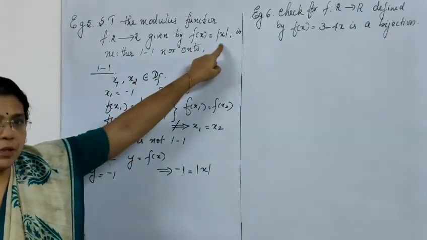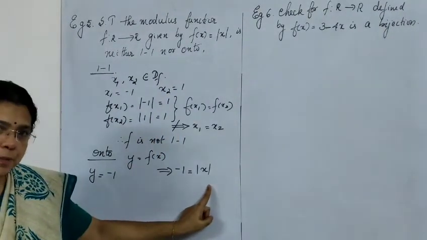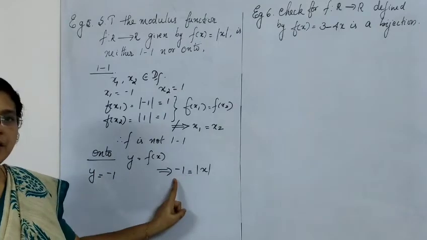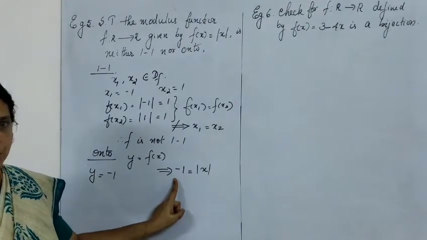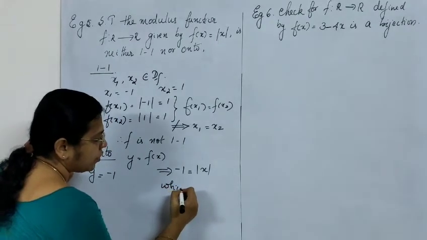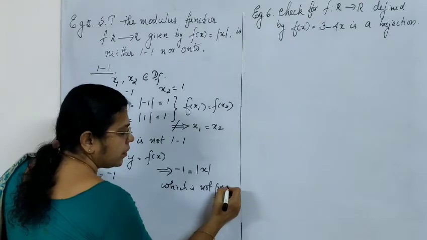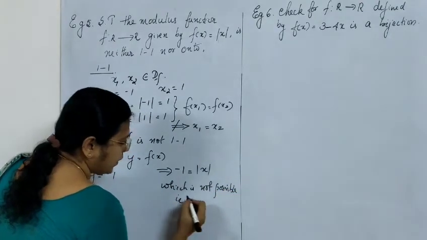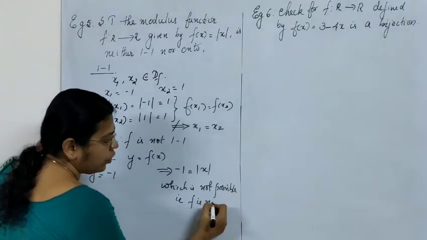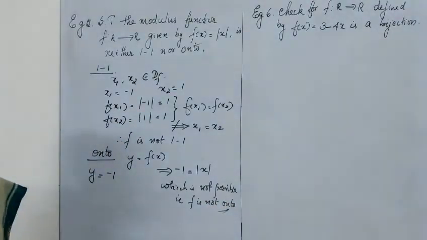F of x is equal to mod x. Minus 1 is equal to mod x. Is this possible? Can the modulus value give me a negative value? No. So, this is not possible. That is why f is not onto. Am I clear? F is not onto.